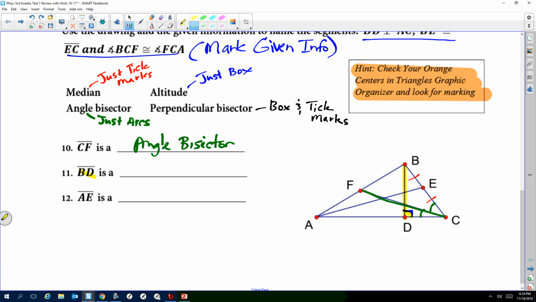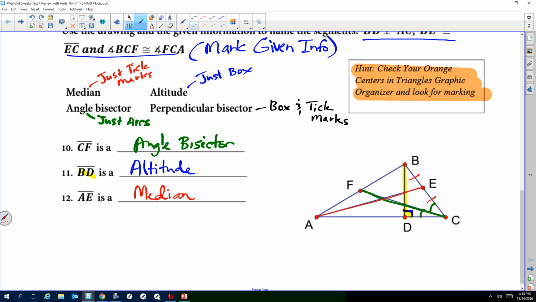All I see is a box there. So this would be an altitude. It's perpendicular. It's just showing you from a vertex to a side. And then EA or AE, going from A to E, I just have tick marks. E is the midpoint. This is the median.